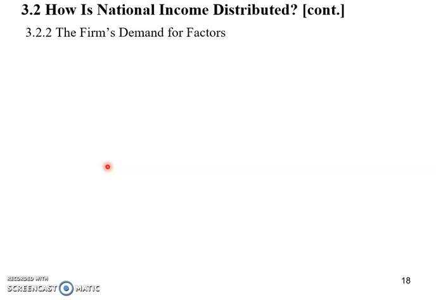Because as we said, the firms are going to be on the demand side. They want to hire workers, they want to rent equipment, tools, or land. Here a very important concept, which we already discussed in the previous video, is the marginal product of labor.